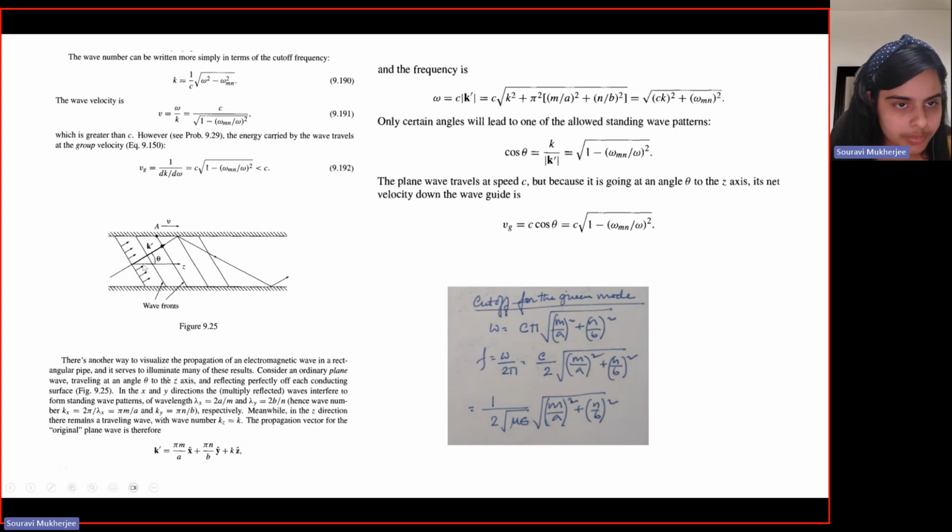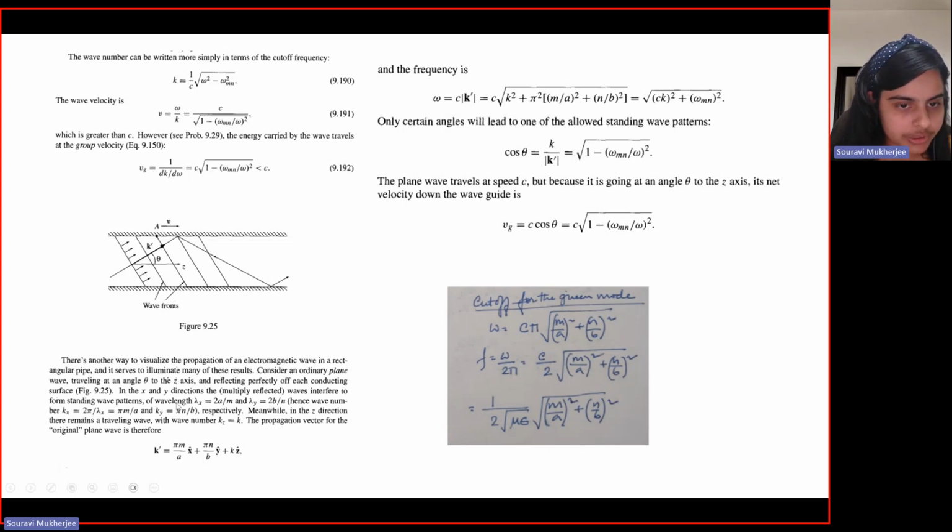Suppose a wave comes from here, strikes, gets reflected, and again gets reflected here. That means there'll be multiple reflections, and that can result in standing wave patterns. Now, what would be the wavelengths? That will again be determined by the dimensions. So this is how the wavelengths will look, and you can see it depends on the dimensions of your waveguide.